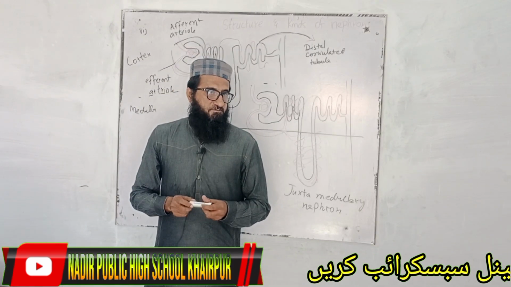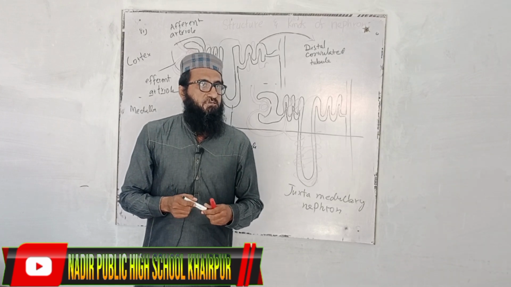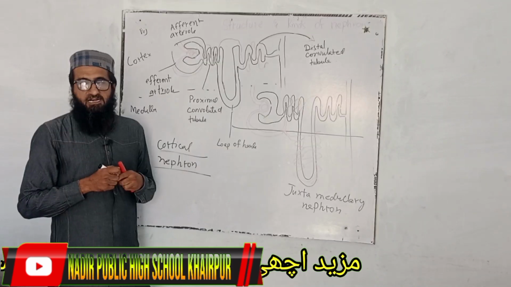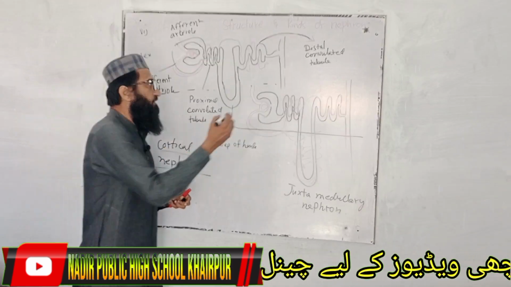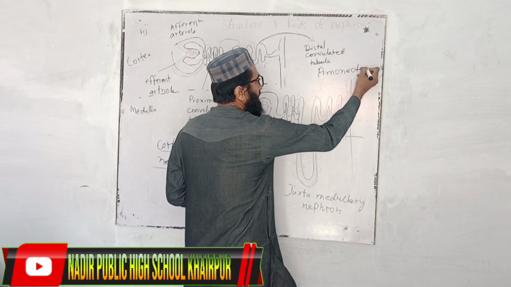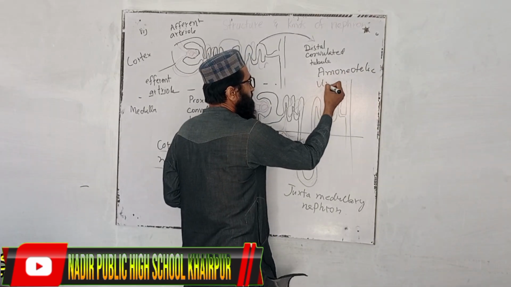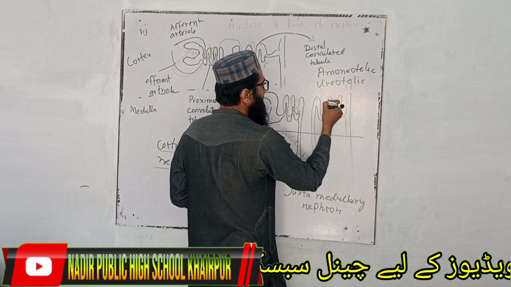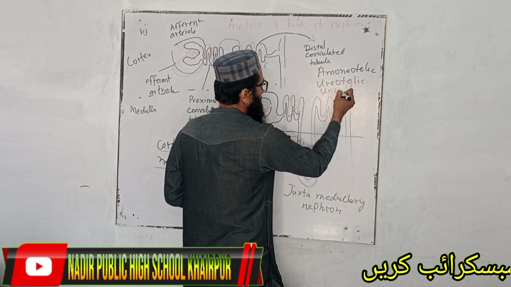Anyone tell me which one? Very good. So there are three categories. Number one, ammonotelic. The second is ureotelic, and the third one is uricotelic.